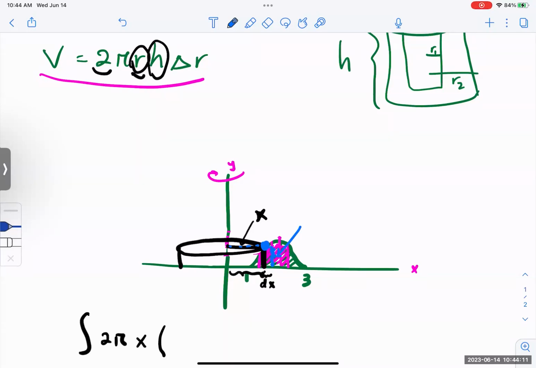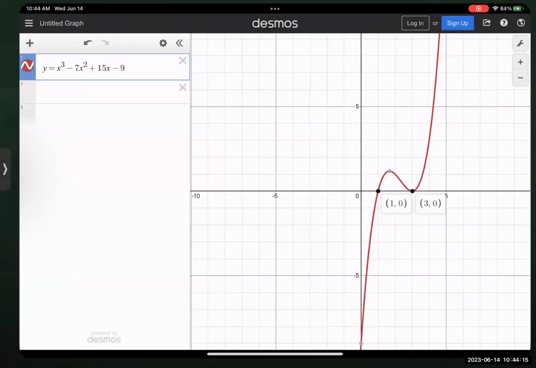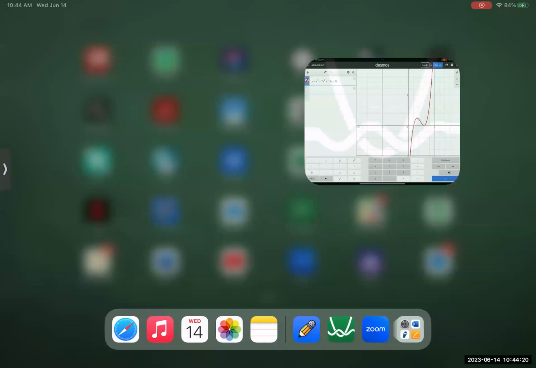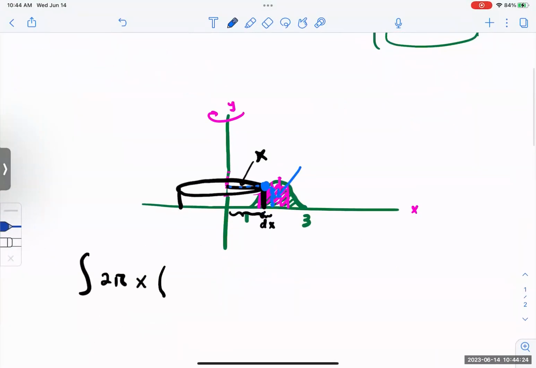Can someone tell me, or let me go to Desmos. x cubed, minus 7x squared, plus 15x, minus 9. Thank you.